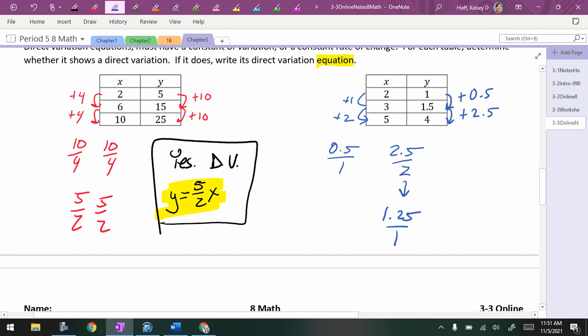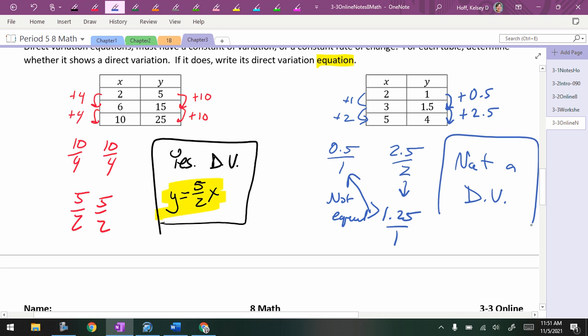Is this a direct variation equation? No, these two are not equal. You do not have a constant rate of change, not a direct variation. So you don't have to write the equation because it's not even a direct variation. If your two rates of change do not match, not a direct variation.